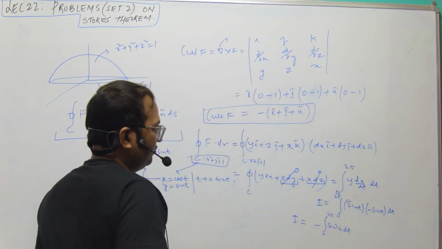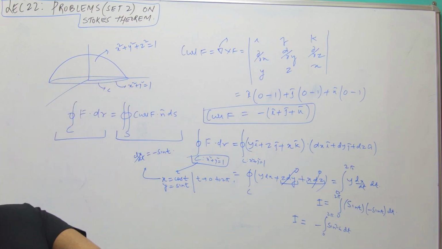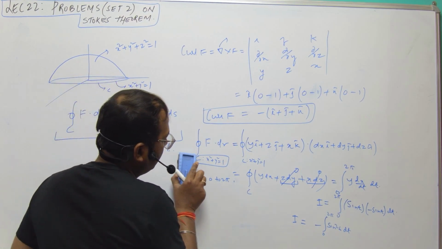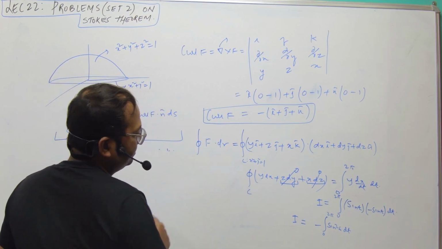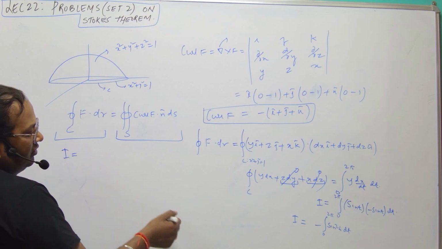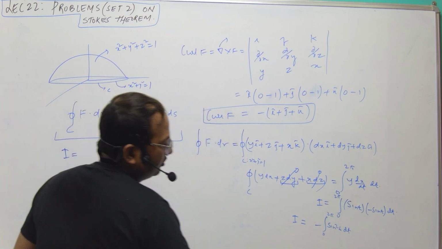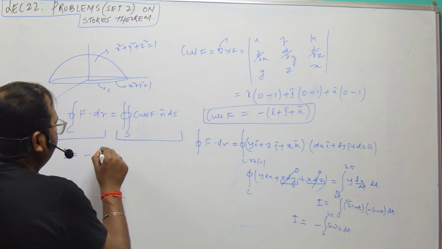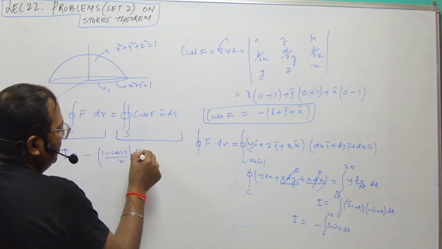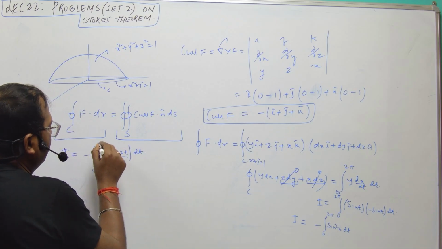Let us further simplify this. Sin square t we can write as minus of (1 minus cos 2t) upon 2 into dt, from 0 to 2 pi.